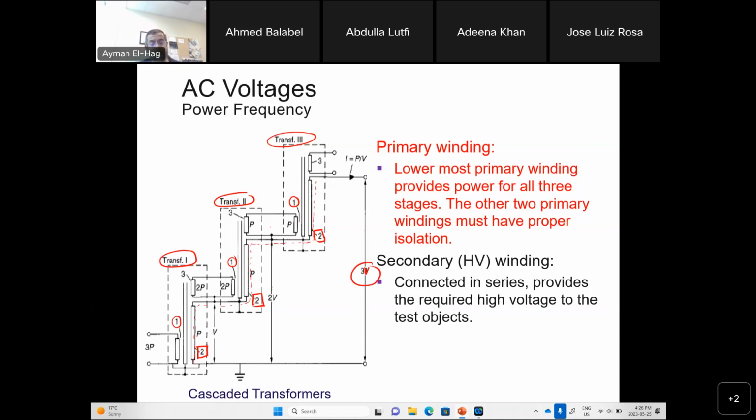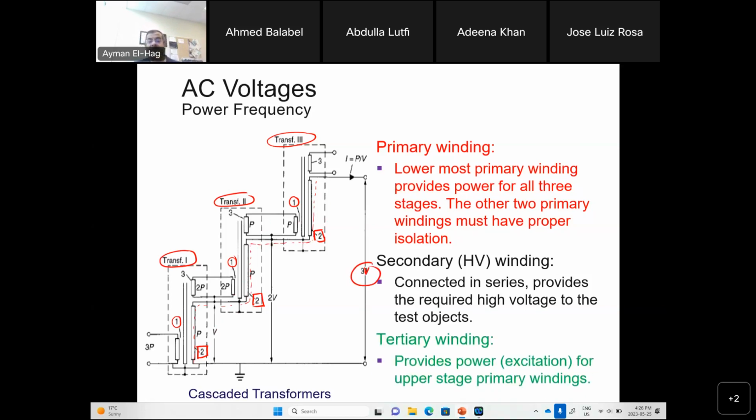Now, how can we do the induction between transformer 1 and the second transformer? We have the tertiary winding, which is number 3. This is your tertiary winding here, here, and there. The objective is to induce the voltage from stage 1 to stage 2, and stage 2 to stage 3.